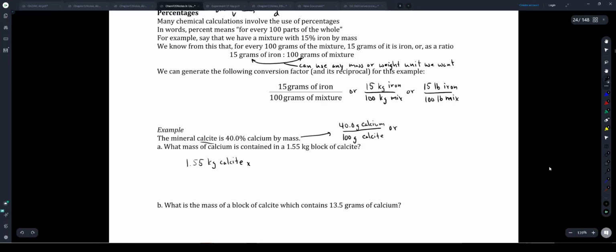Or I could say 40 kilograms of calcium for every 100 kilograms of calcite.